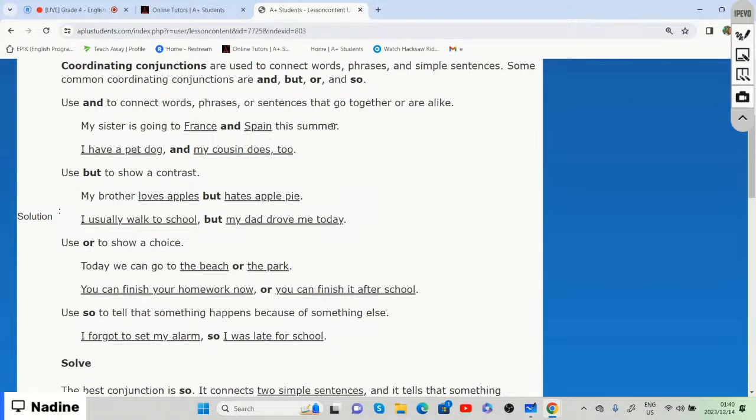For example, my brother loves apples, but hates apple pie. So it's like a contrast between two things.